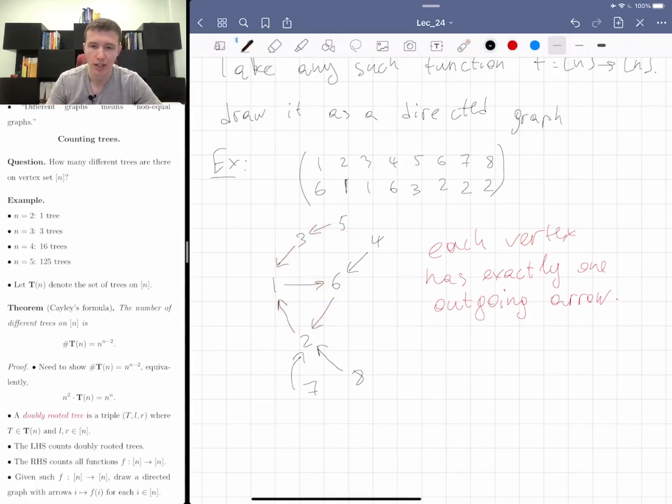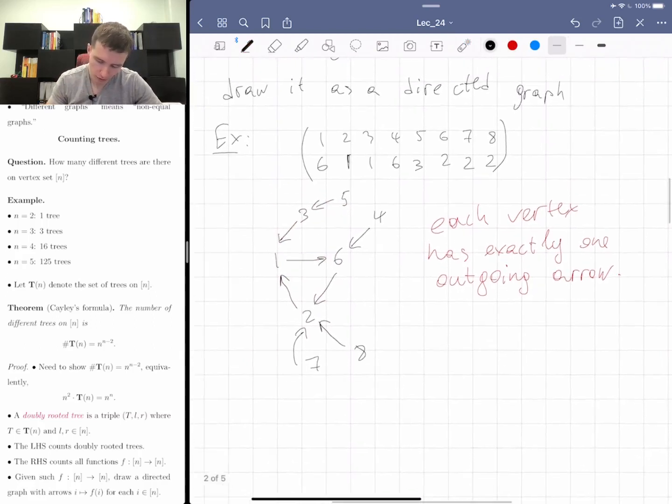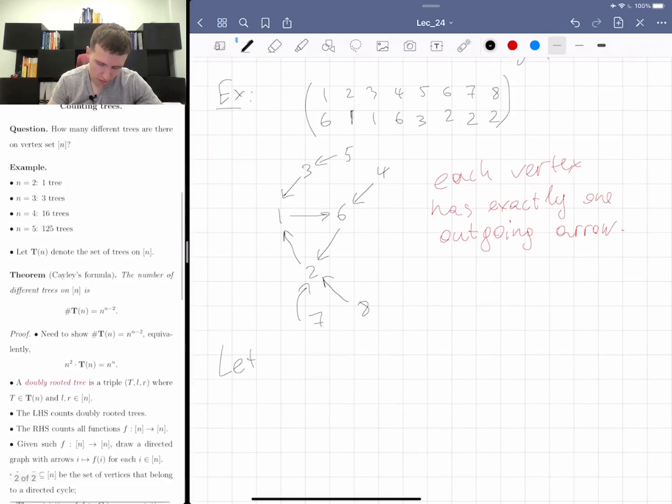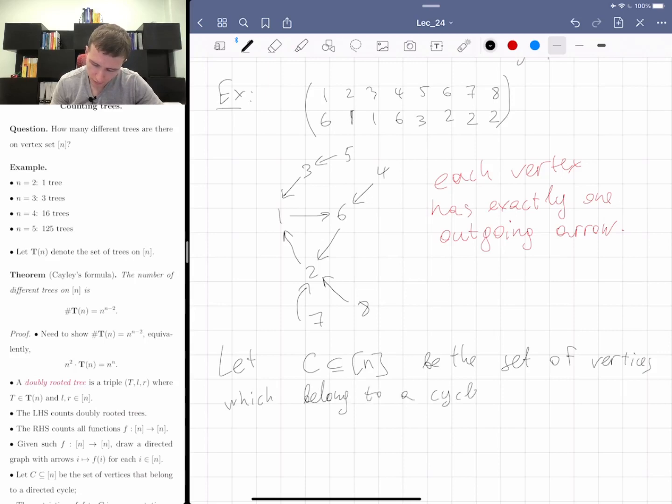Yeah. So, let me now try to make it rigorous. Let me introduce a set C, a subset of [n], the set of vertices which belong to a cycle of f, right, which belong to at least one cycle of the resulting directed graph.